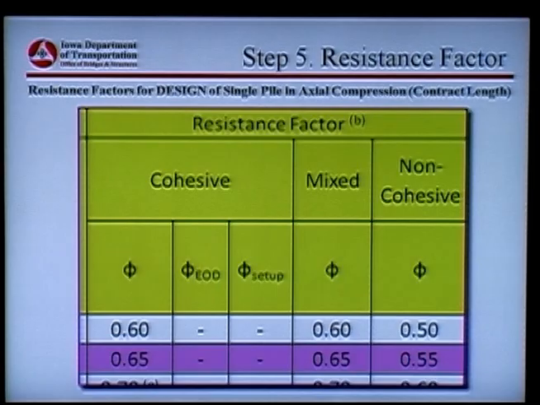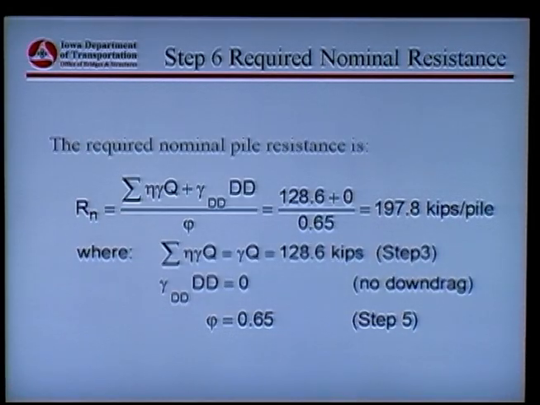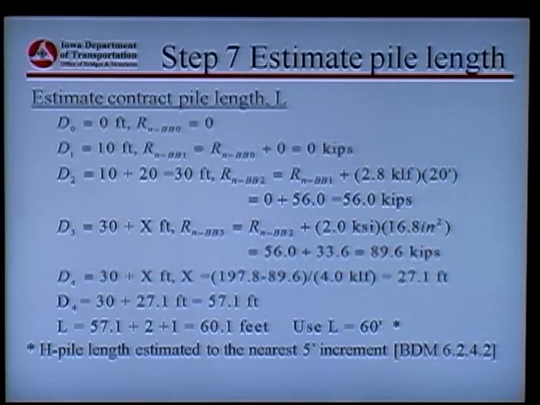So this is a cohesive material, so the 0.65 will be selected. Again, this is the factored load divided by 0.65, and this is your required nominal pile resistance to determine your contract length, 197.8 kips. Again, the same procedure: determine the friction along the depth and determine the required length.